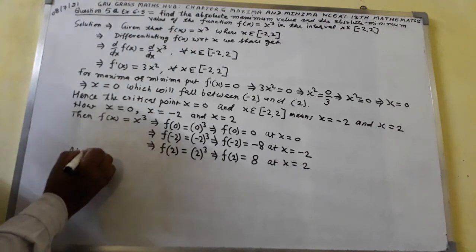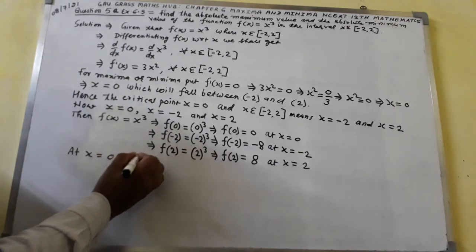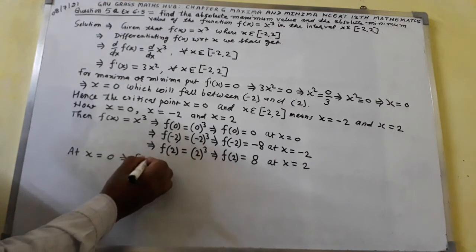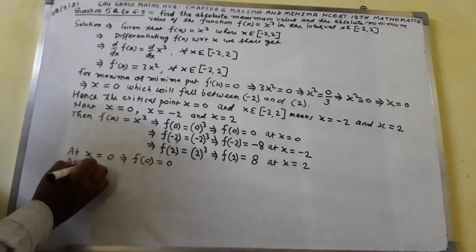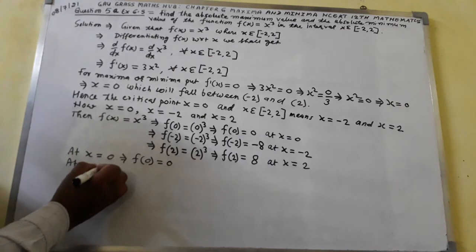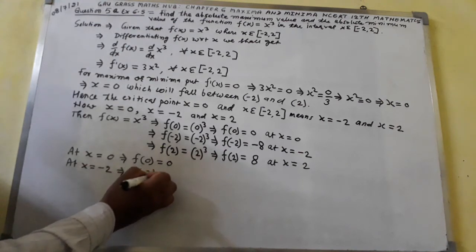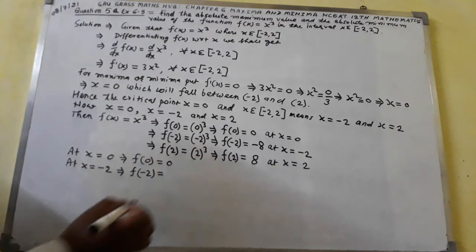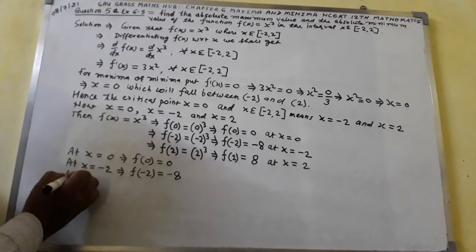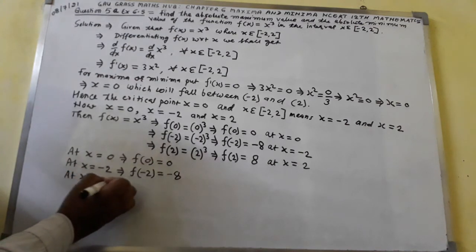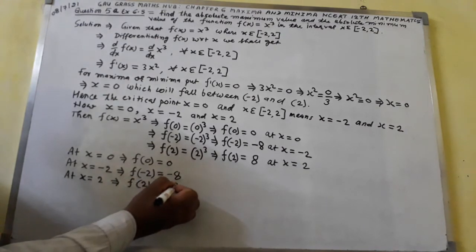At x equal to 0, f of 0 is equal to 0. At x equal to minus 2, f of minus 2 comes out to be minus 8. At x equal to 2, f of 2 comes out to be 8.